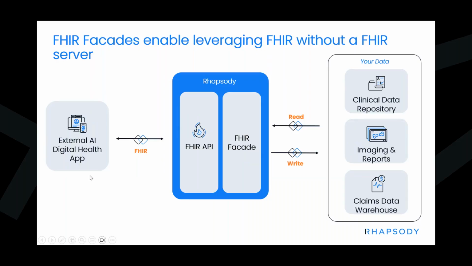So in a FHIR facade, you would stand up an API just like Dan had with the bed census. You would set up something like a FHIR patient endpoint. You would give the consumer the ability to access that through the appropriate authentication and authorization.